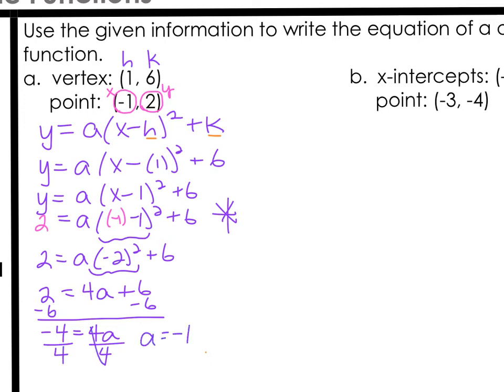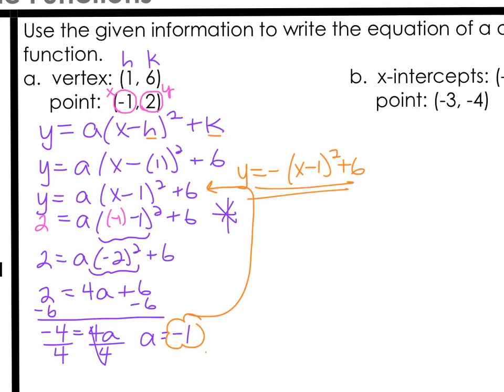What we're going to do then is take that answer and just go ahead and plug it in up here where we already had h and k simplified. That would make our final answer y equals negative 1 times (x minus 1) squared plus 6. That would be our quadratic function written in vertex form.